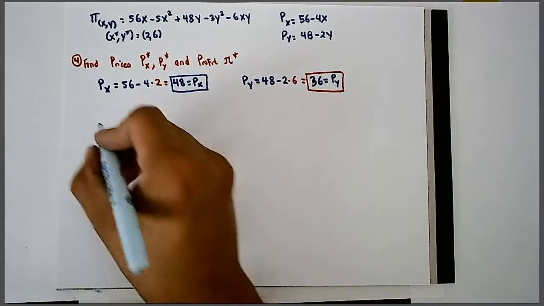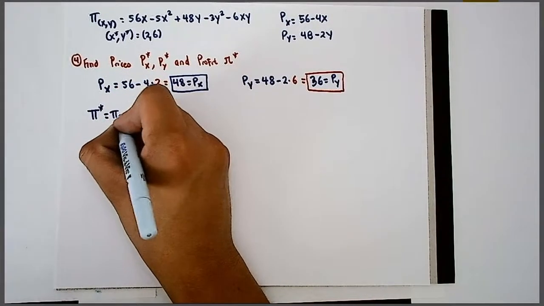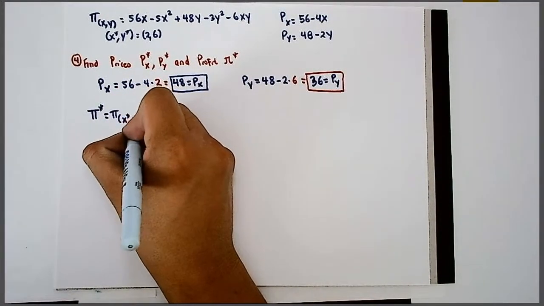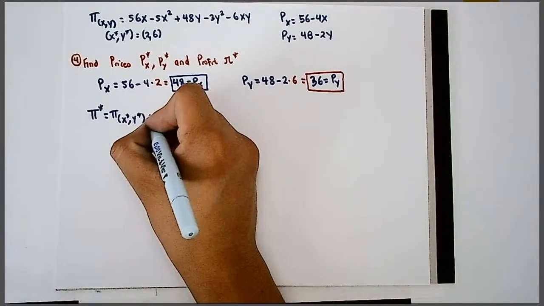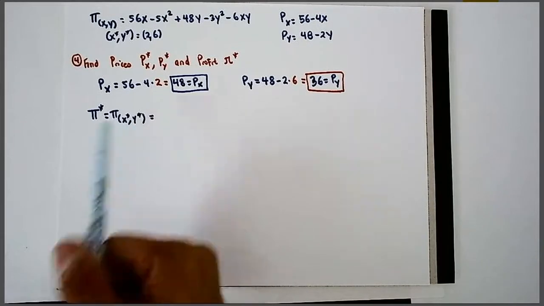And finally, in order to obtain the optimal profit, we just need to plug in the values obtained as critical points for cotton and corn.